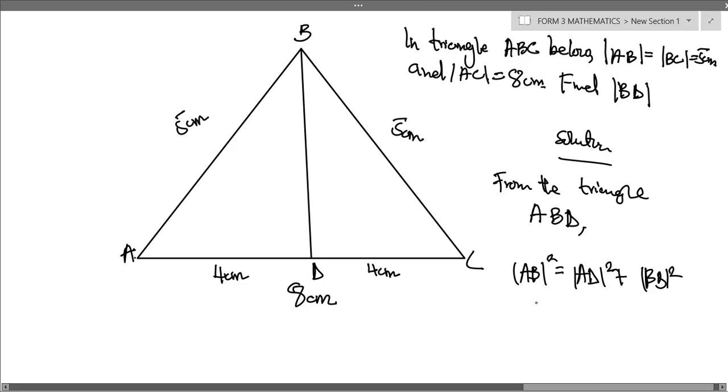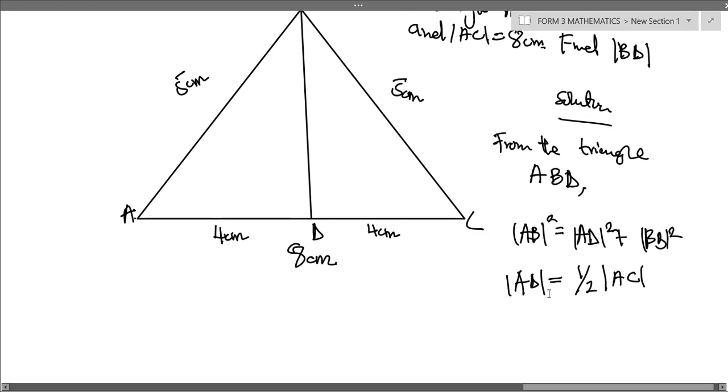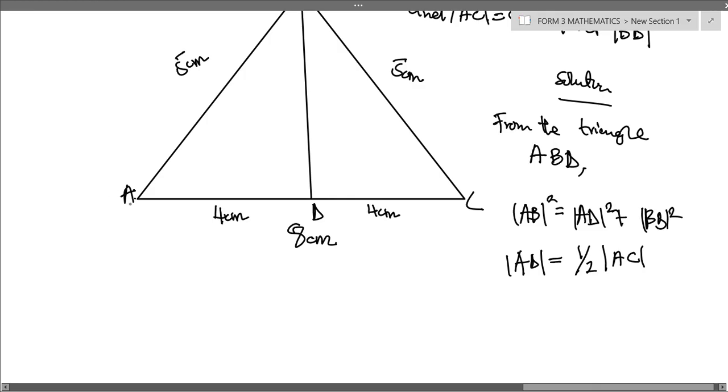So, but our AD, which is the 4 centimeters we had here, will be equal to half of what? Of AC. When I say half of AC, I believe you get it. This is AC. From here to here is AC.